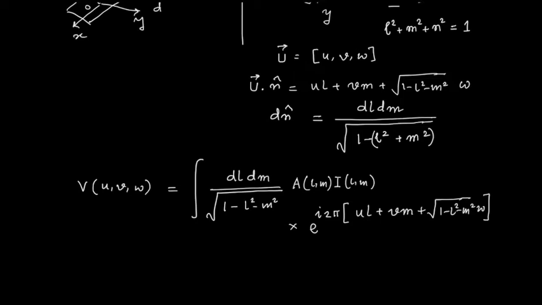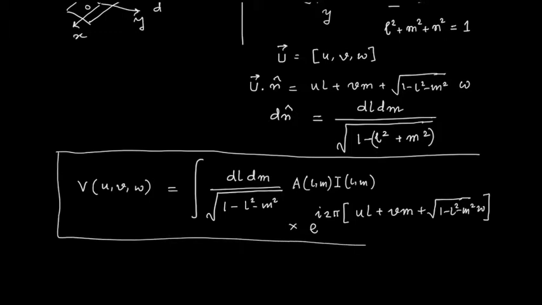Okay, so that is my van Cittert-Zernike theorem now written in terms of this particular Cartesian coordinate system.